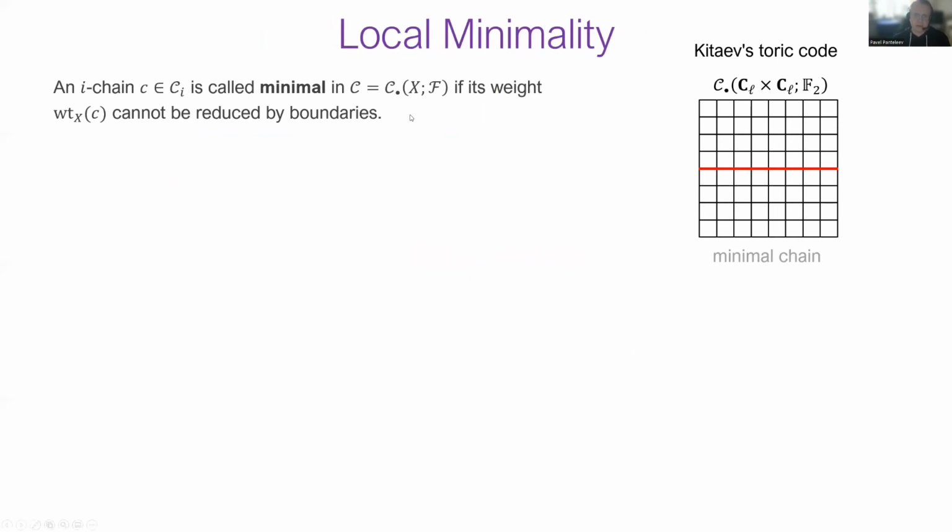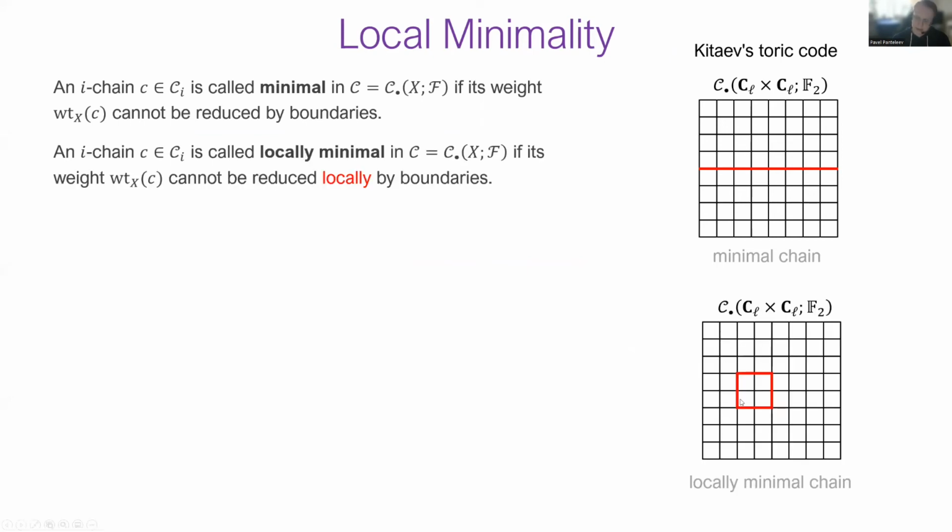Okay, let me briefly summarize the idea of our proof. It is based on the concept of local minimality. Let us consider the Kitaev toric code. Here we have an example of a one-chain that cannot be reduced. Its weight cannot be reduced by adding any boundaries, and we call such chains minimal.